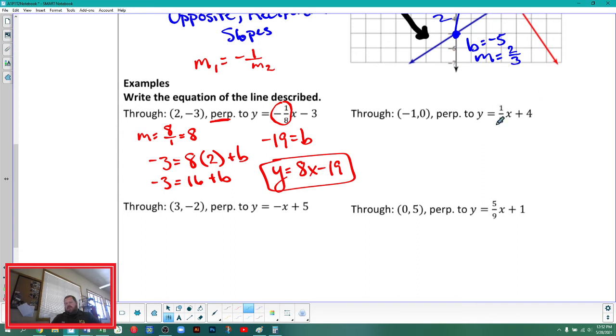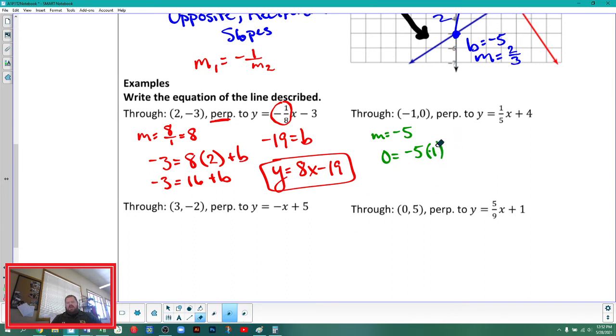On the next one, I have a slope of 1/5, and I want it perpendicular. Flip it over, change its sign. Our new slope is going to be negative 5. I do have a decent point here because it involves a 0. Sadly, it's the wrong 0 to just call the problem done, because I have to multiply.